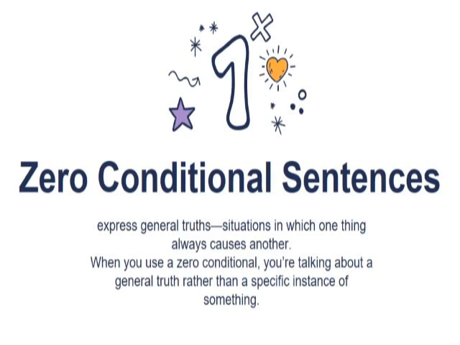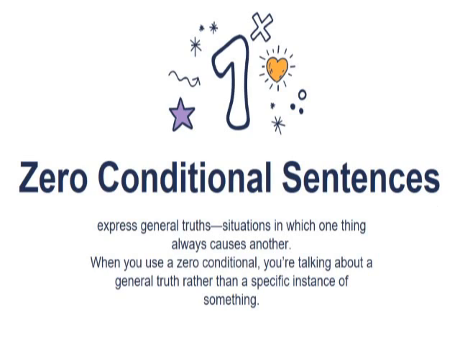So in this case, the result will exactly happen. It does not depend on the condition, but it happens if the condition is that one. When you use a zero conditional, you're talking about a general truth rather than a specific instance of something.